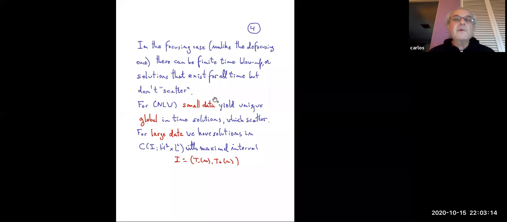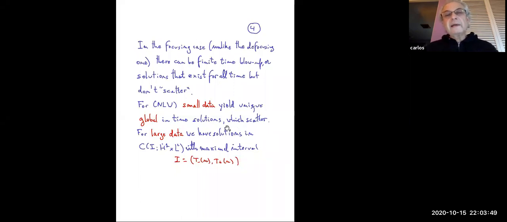So in this focusing case, unlike in the defocusing case, there can be finite time blow up, and there can also be solutions that exist for all time, but they don't scatter. And by scattering, roughly speaking, we mean that they behave like linear solutions for large time. Now, for the nonlinear wave equation, there is a small data theory, and small data do give unique global in time solutions which scatter.